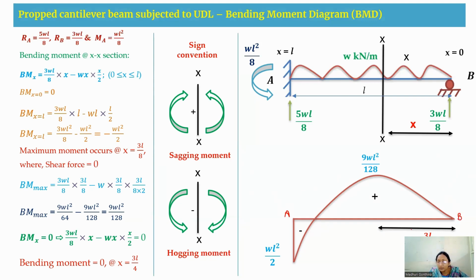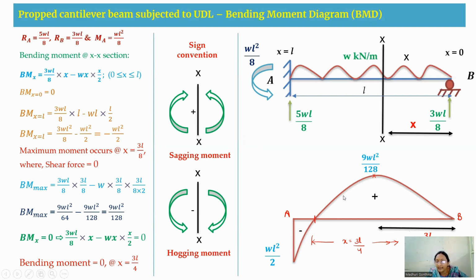So at x equal to 3L by 8, I am having a maximum moment. This is the XX section. And at x equal to 3L by 4, I am having the bending moment to be 0. So this is an x distance.